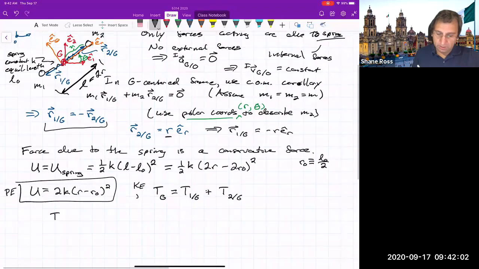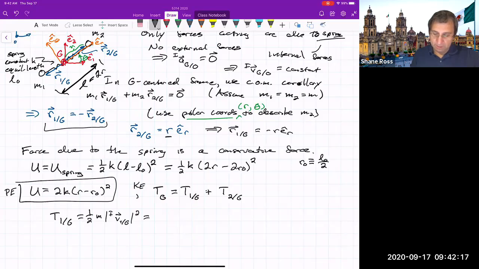All right, and what is T1g? It's just 1/2 the mass times the inertial velocity of 1 with respect to g squared. But that's going to be exactly the same as T2g, which is 1/2 m times the inertial velocity of 2 with respect to g squared.